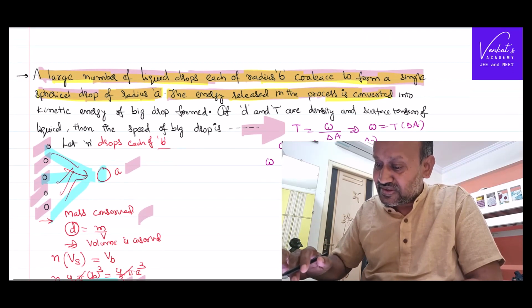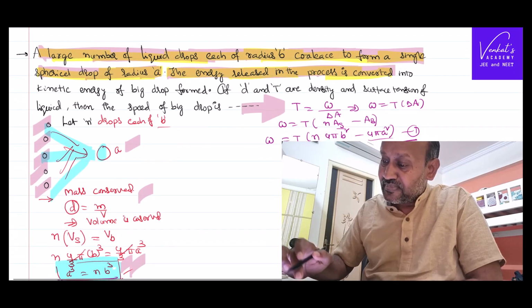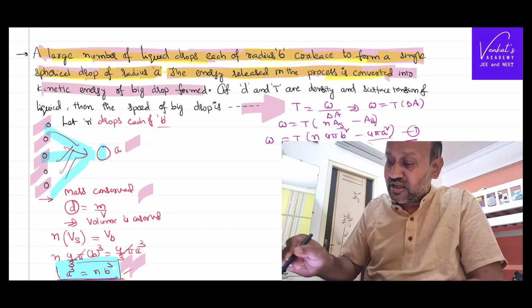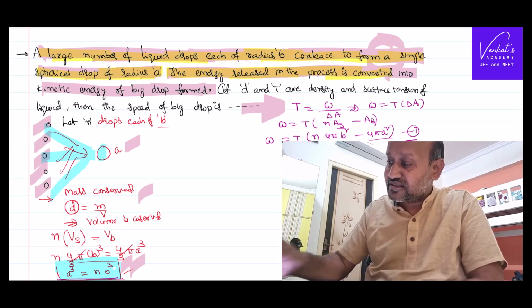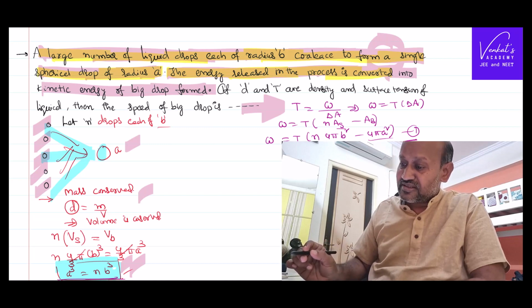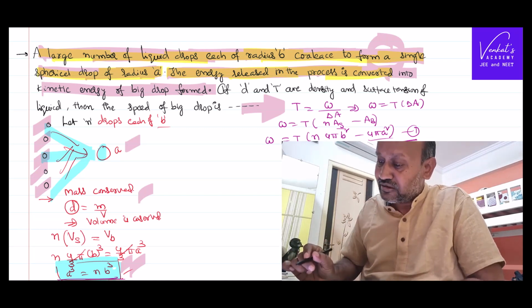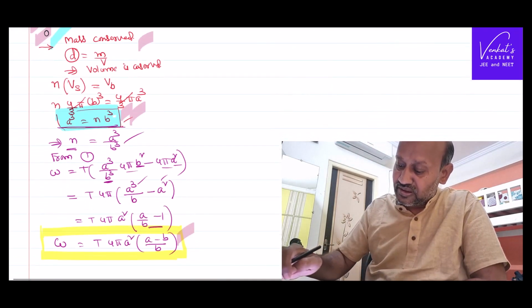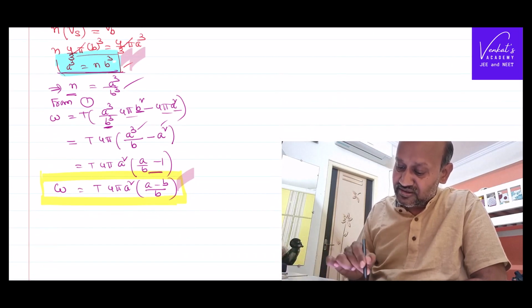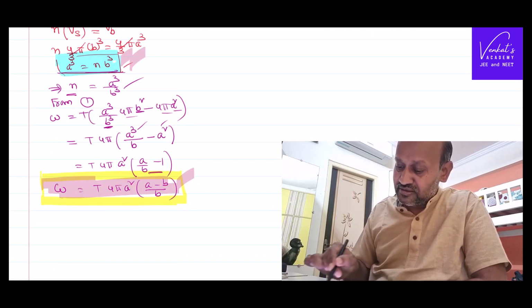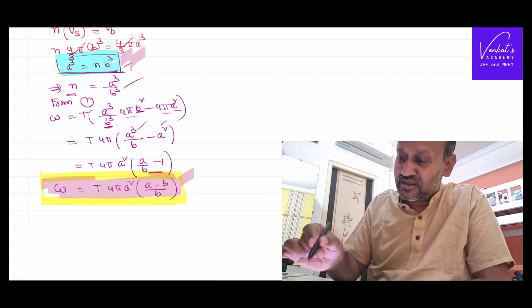Let's read back the problem. What does the problem say? The energy released in this process is converted into the kinetic energy of the big drop formed. Who is the big drop formed here? It is A. So what we can say is the kinetic energy of the big drop must be equal to the energy released in this process. This is what we have calculated.